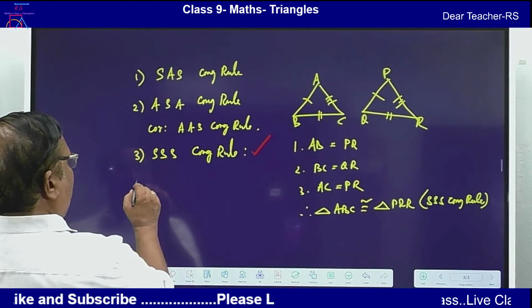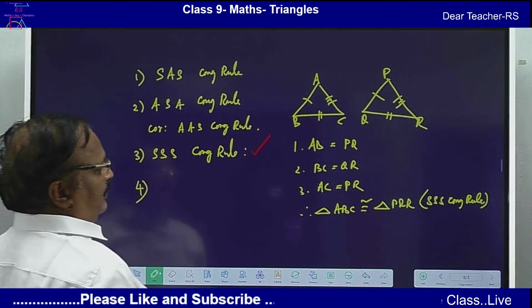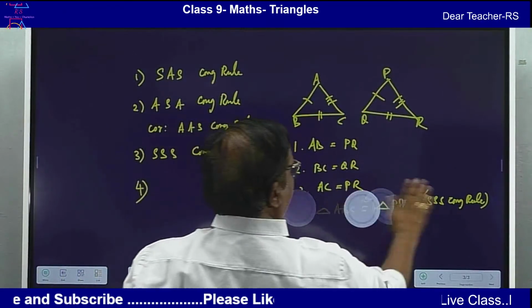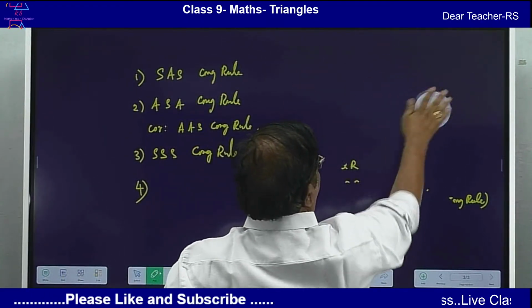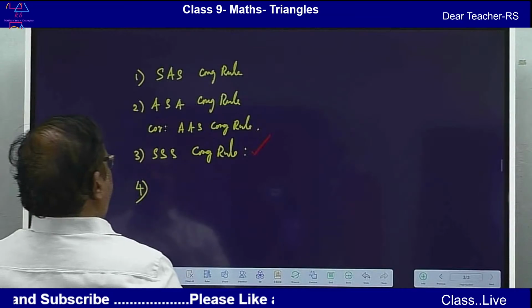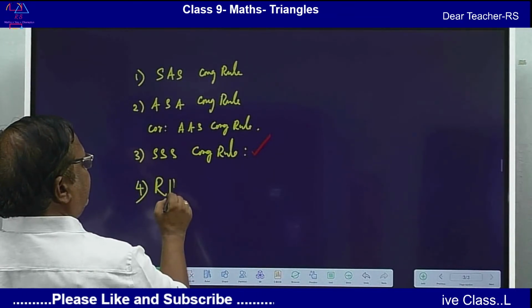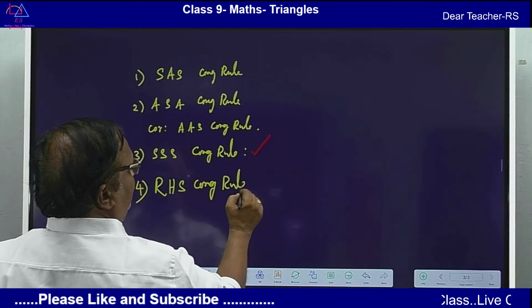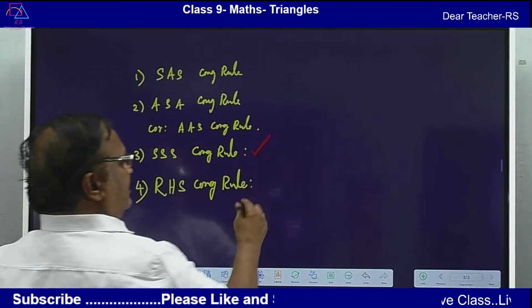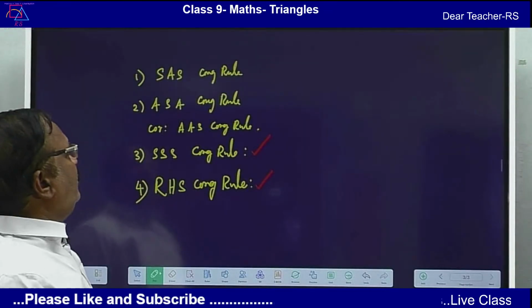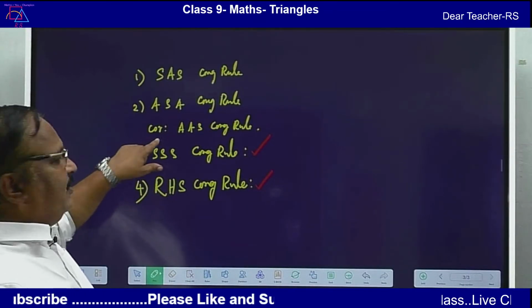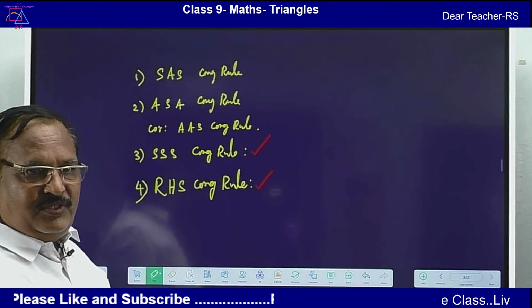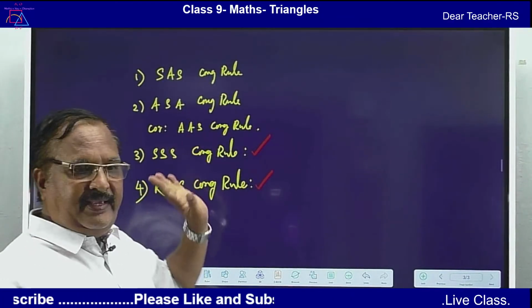So now the fourth rule. I am rubbing this out, you can draw it by yourself also. The fourth rule is the RHS congruency rule. This also we are going to do. Total four rules and one corollary, and the corollary is AAS.